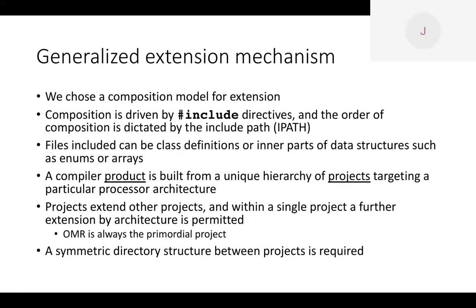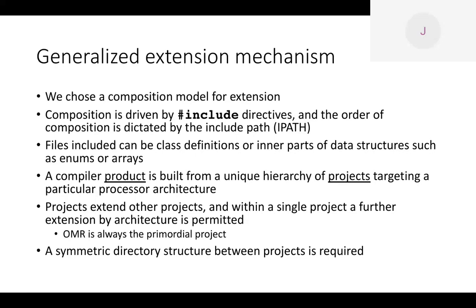Because when files are included, they need to get included in the right order. It's certainly possible that you may have multiple implementations of something in your overall project, but depending upon what the iPath is, it will only find one implementation that you care about when you're doing your build. We'll get into all that a little bit later.